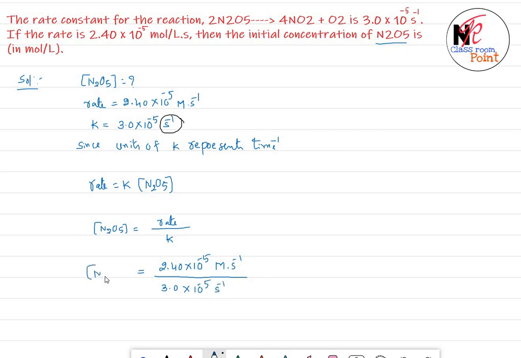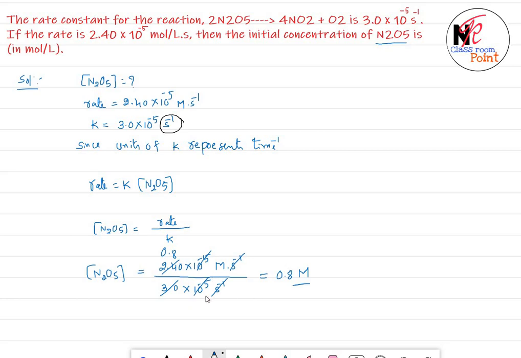So here we will get the initial concentration of N2O5. 10 power minus 5 cancels out, and per second also gets cancelled. This goes to 0.8. So now the concentration of N2O5 equals 0.8 molarity. Molarity in the sense moles per liter only. So this is the answer of this question.